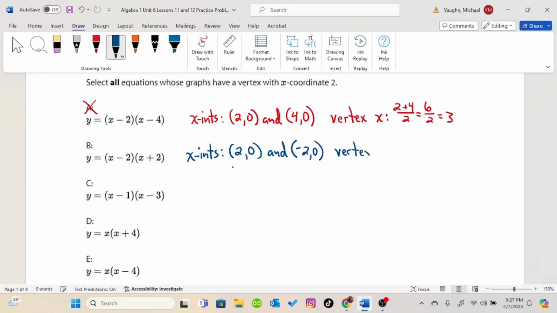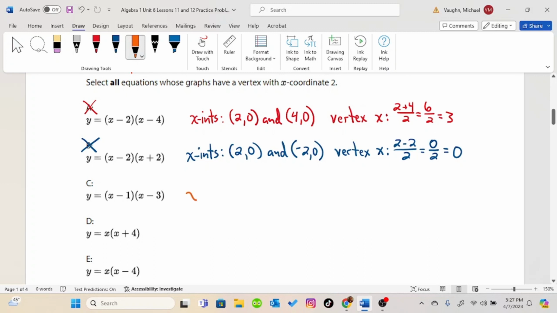So to find the vertex x, that's halfway in between. The vertex will have an x-coordinate of 0. We want an x-coordinate of 2, so B is incorrect.